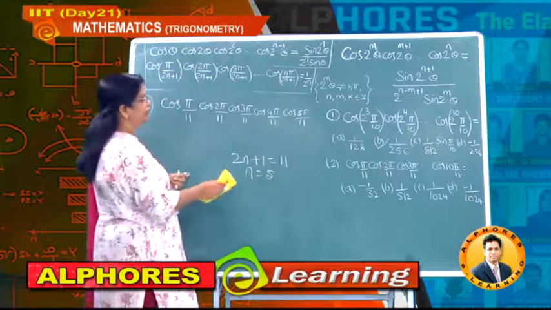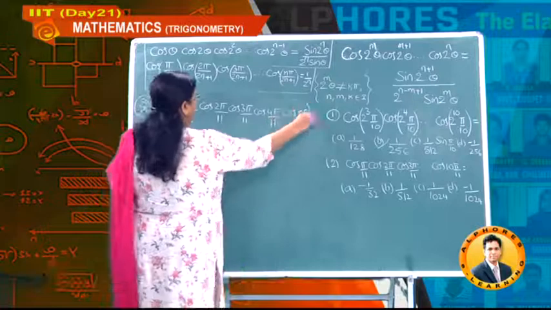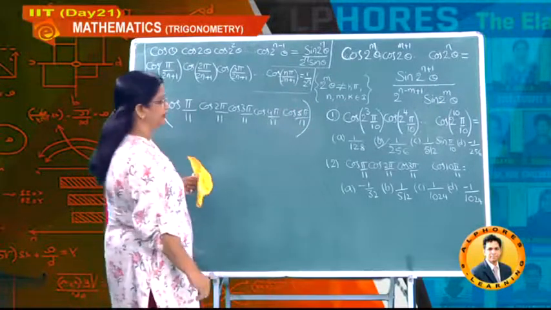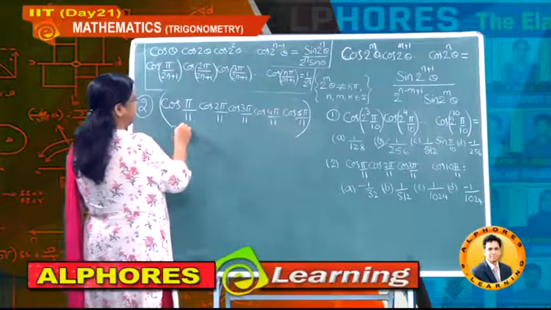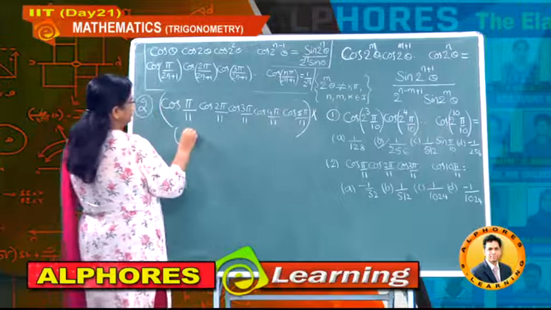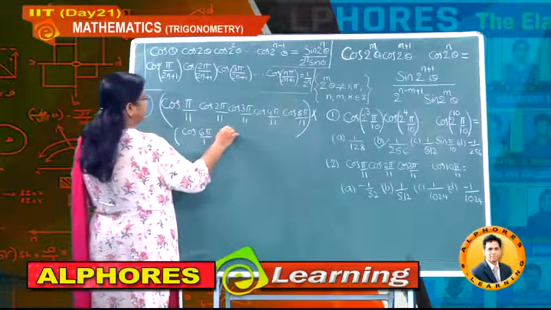Understand? So they gave till 10 pi by 11, but you know the formula only up to here. So put this entire value in one bracket. Then let us write the rest of the terms in another bracket. That means it is cos 6 pi by 11 into cos 7 pi by 11.